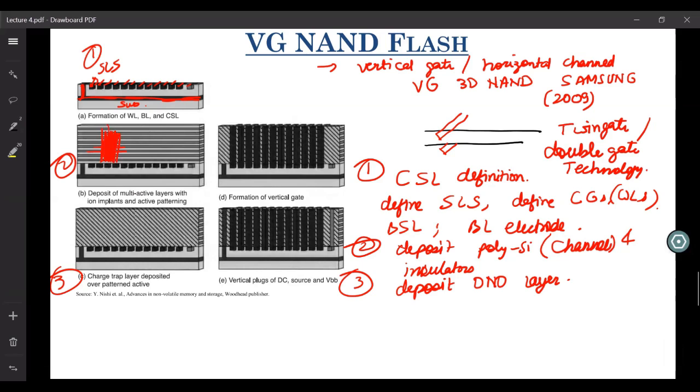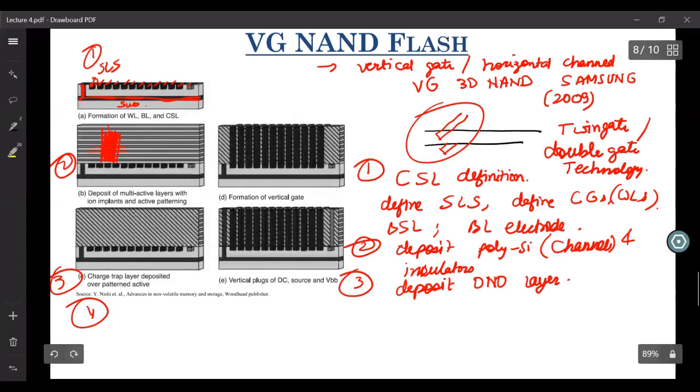So it will be covering your channel from two sides, and that is why I said it's like a twin gate kind of architecture. Once you do that, you go ahead and form your vertical control gates or word lines, like this.